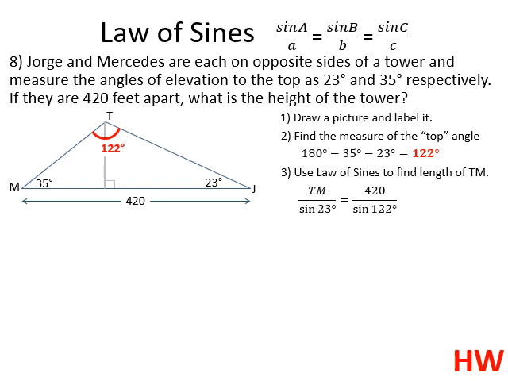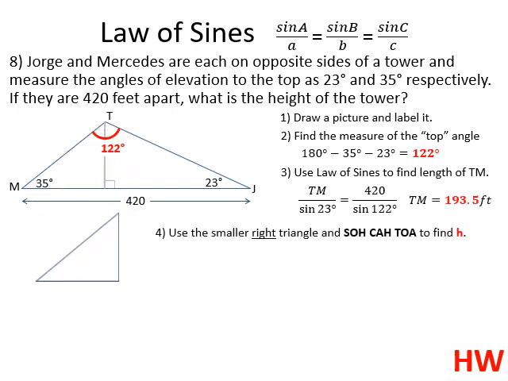All right, so TM or MT over the sine of 23 equals 420 over the sine of 122. So with a little algebra and the use of your calculator, you can find that TM is 193.5.